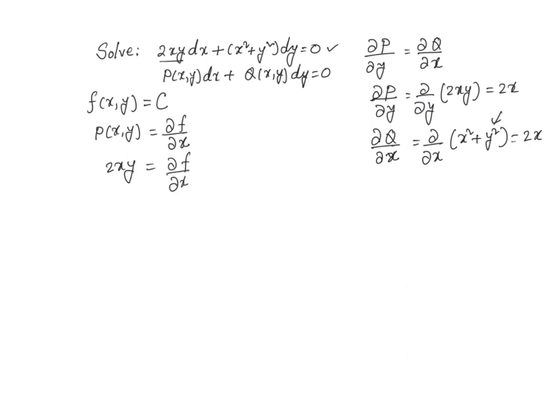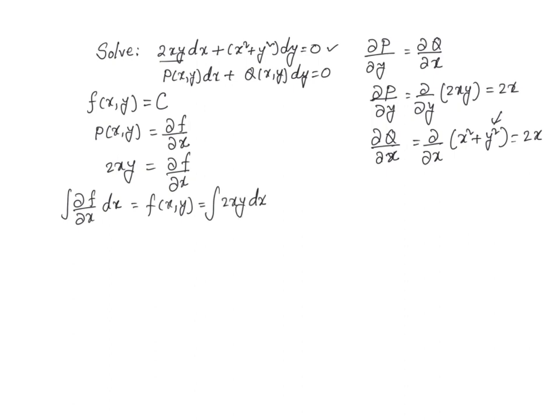Now, if I go ahead and integrate both sides, I'm going to get the integral of ∂f/∂x dx, which is equal to f(x, y), which is just going to be the integral of 2xy dx.